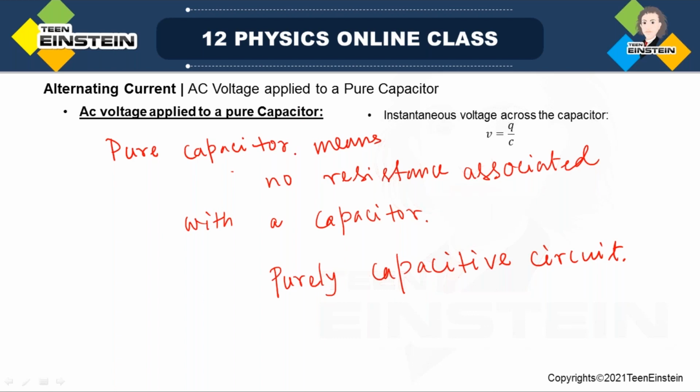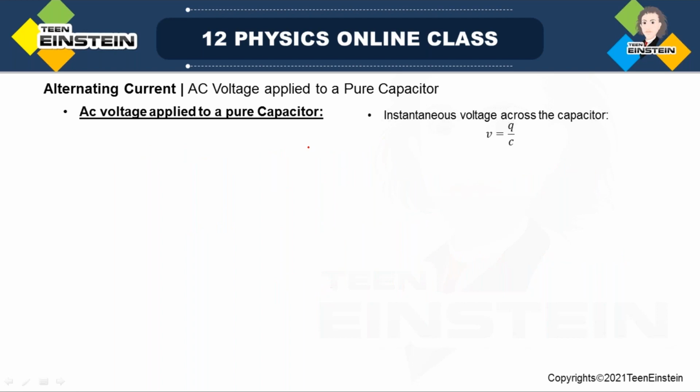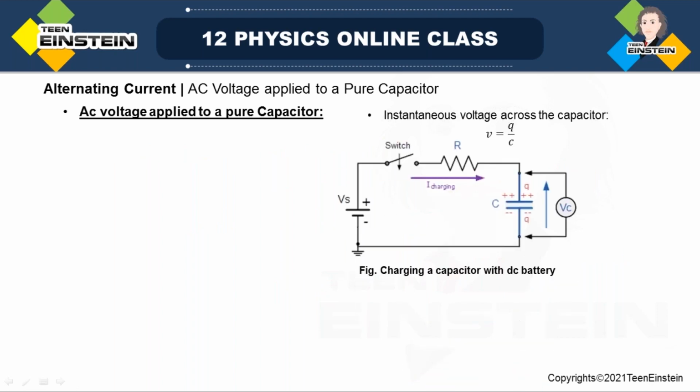Okay, all right. So before we go to AC circuit, I'll just give you a short overview, what happens to DC current if we wish to charge a capacitor with DC power supply.